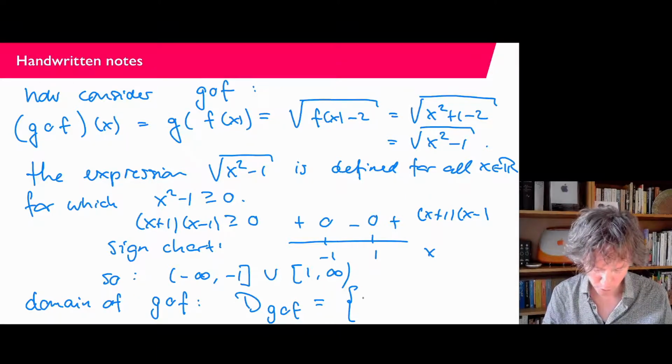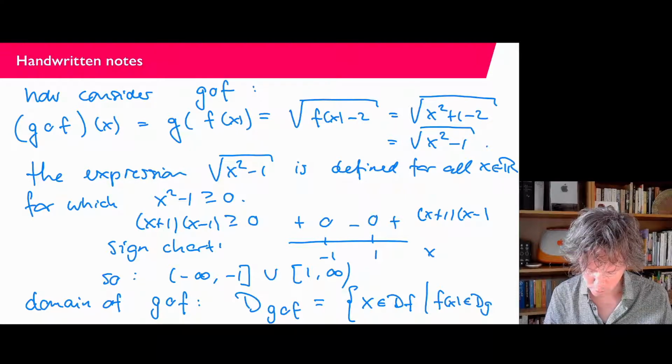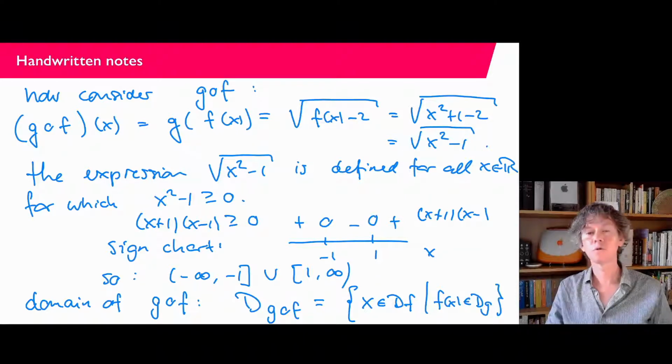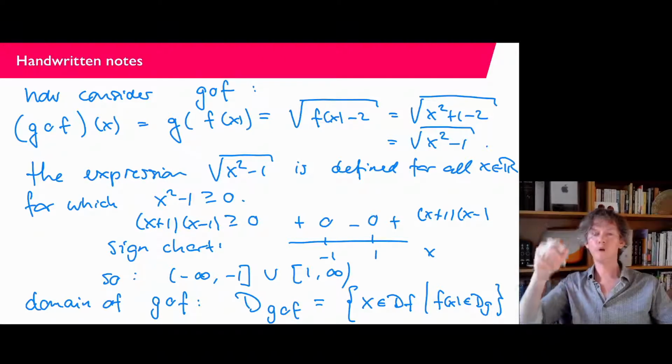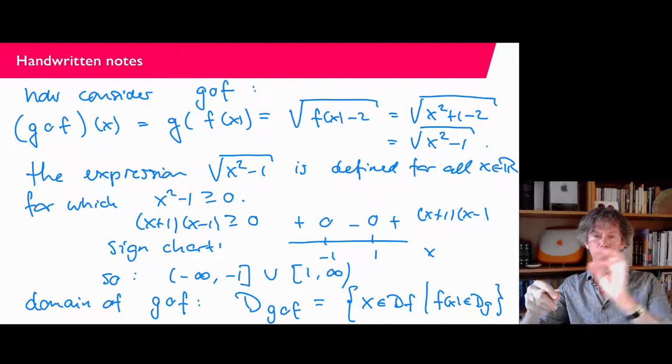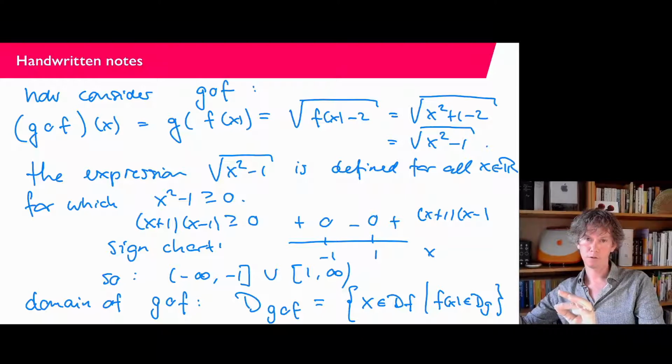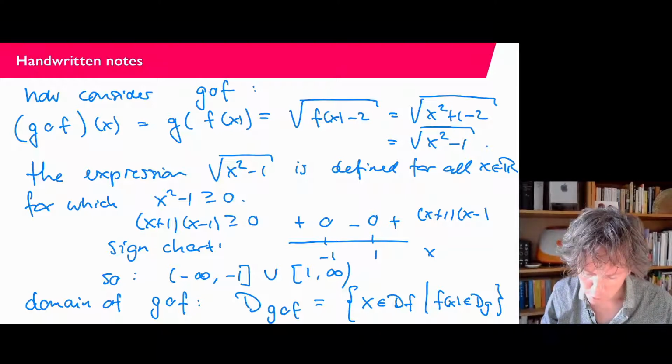So we need all the x's in the domain of f for which f of x is in the domain of g. Because we want to go from x to f of x and then from f of x to g of f of x.